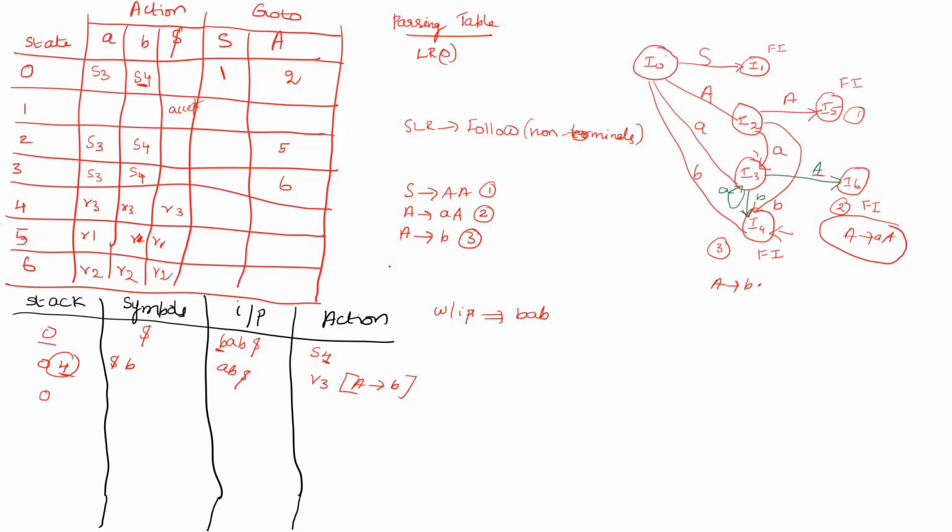Now we check 0 on capital A. This B has been reduced to capital A, and we have to see 0 on capital A. What is 0 on capital A? That is 2.